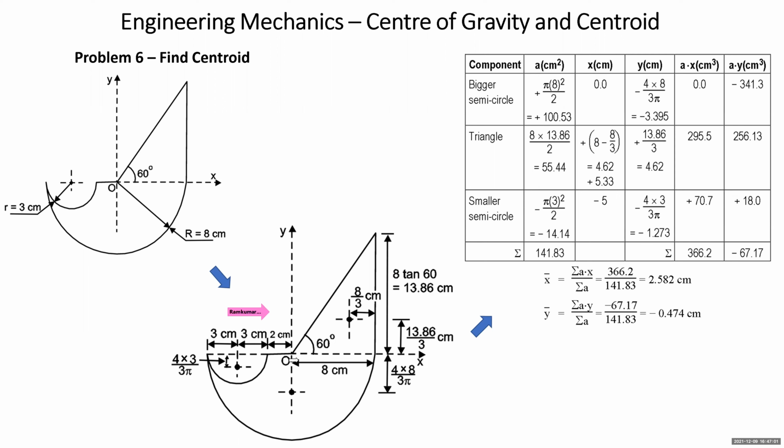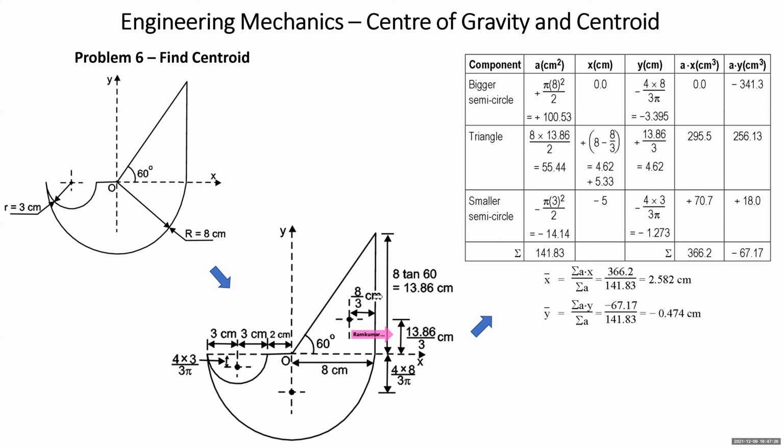Students, here the origin is given to you. This is the x-axis, this is the y-axis. The centroid of the semicircle will lie along the axis of symmetry of the semicircle and below the base by 4r upon 3 pi. Then in case of this triangle, the centroid is here. With respect to this base, the height is 13.86, so the centroid is 13.86 by 3.